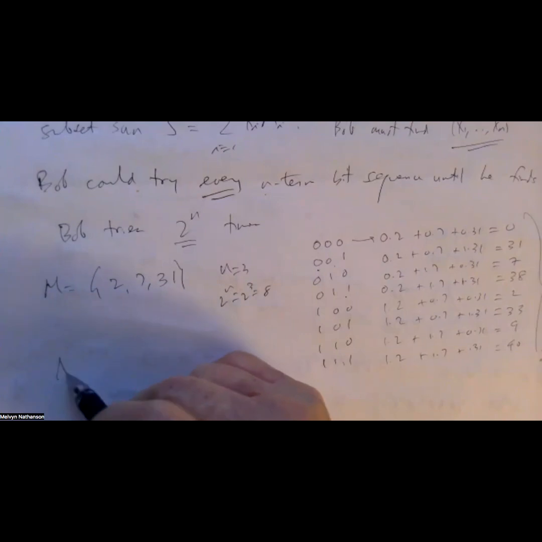So you have to understand the idea: Alice wants to send a message to Bob. What she wants to send, her plaintext, is a 3-term bit sequence. That's what she wants to send, but she wants to do it secretly.